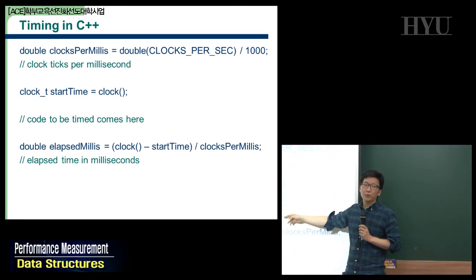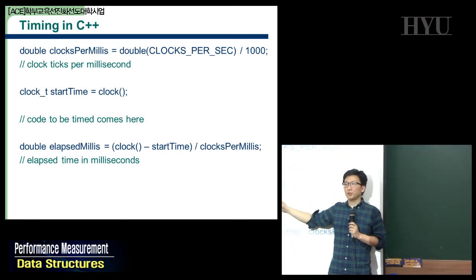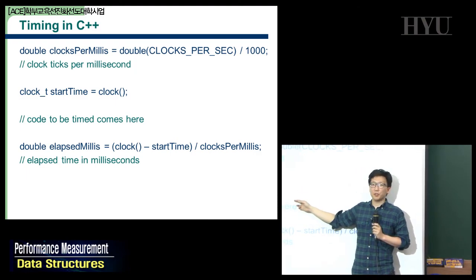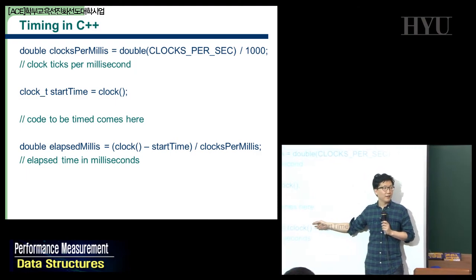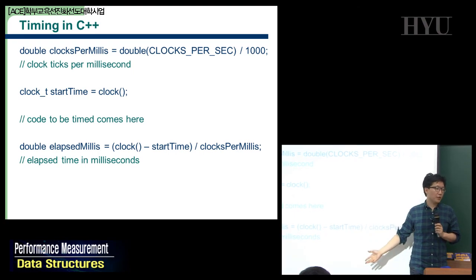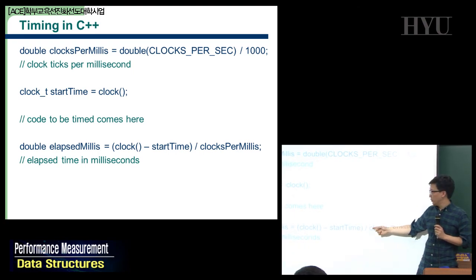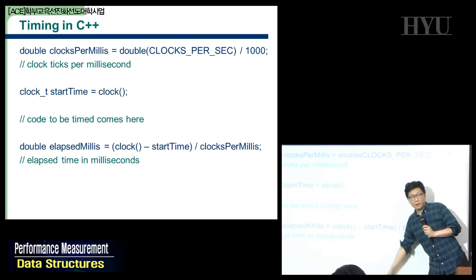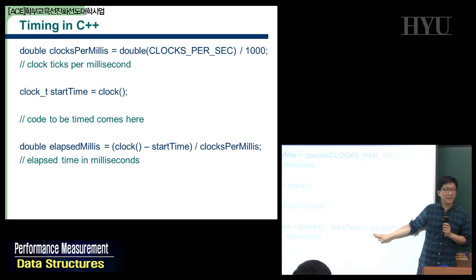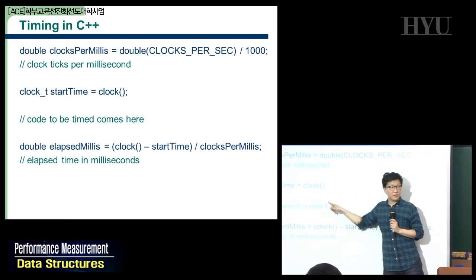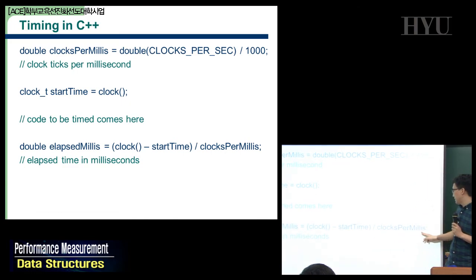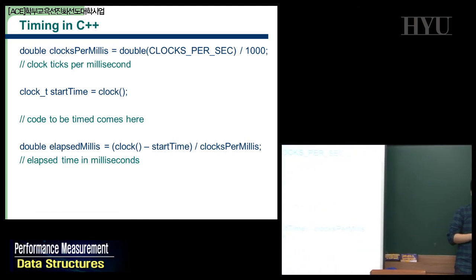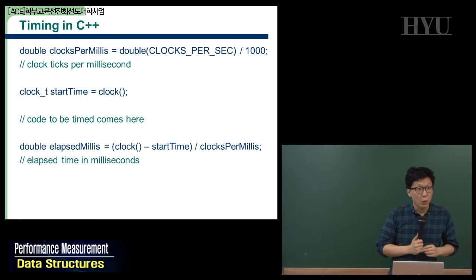Code whatever you wanted to write. You can put your own sorting algorithm, whatever program you wanted to do, here. At the end, when you finish your algorithm, clock gets the current time of this state, and then subtract the start time. And I like to see that in milliseconds, how many clocks it requires.